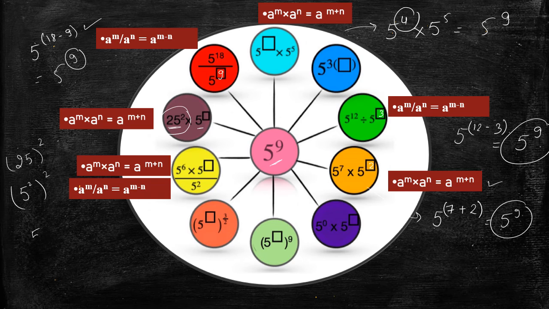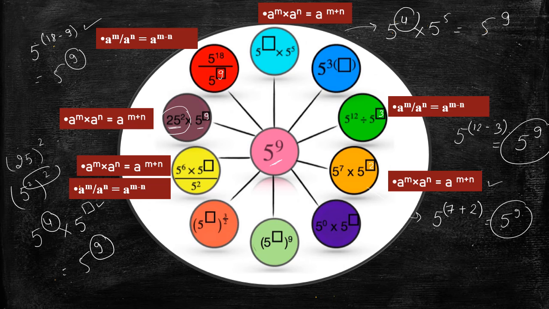Since we have not discussed it much, I would just like to give you a hint: whenever we have power of a power, we multiply the powers. So this will become 5 raised to the power 4. And what should be there in the power of the next 5 so that we get 5 raised to the power 9? We already have 4. All we need is just 5 so we can get the power 9. So here it should be 5.